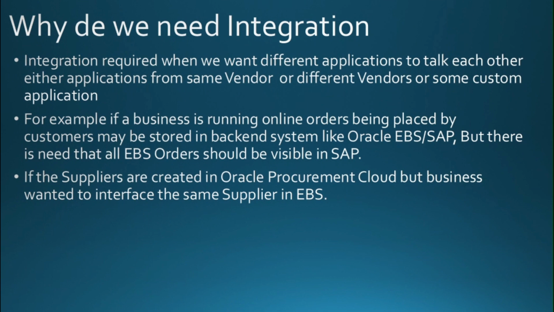Ten years before, Oracle introduced an integration platform called SOA, Service Oriented Architecture. It is a middleware platform that supports both on-premises and cloud applications. It's a high-end solution to support all kinds of business functionalities. But Oracle has more interest in web-based cloud applications.